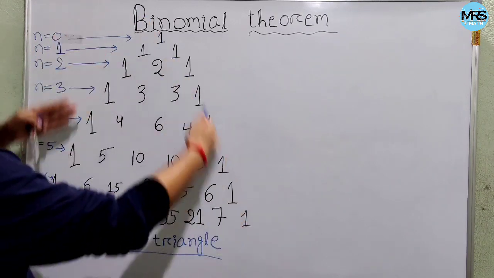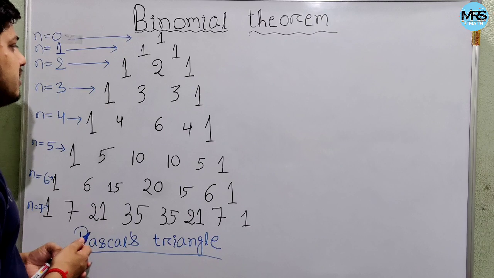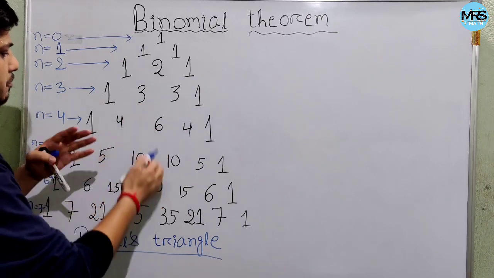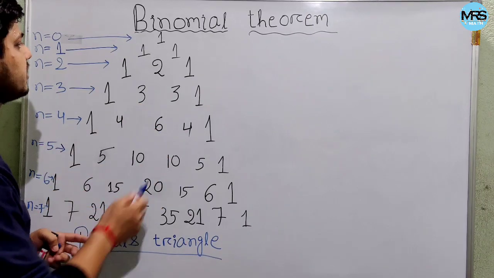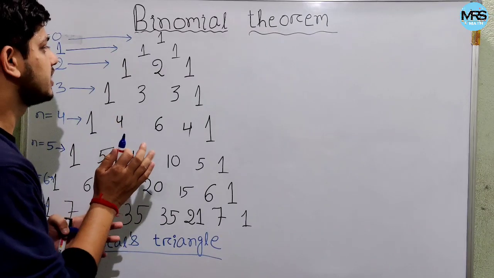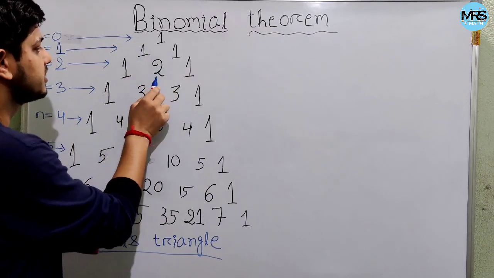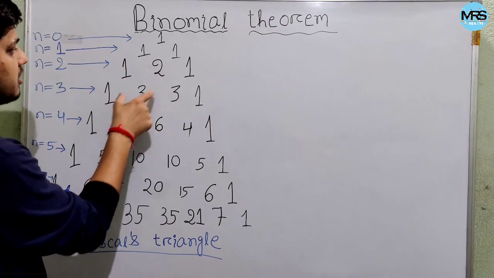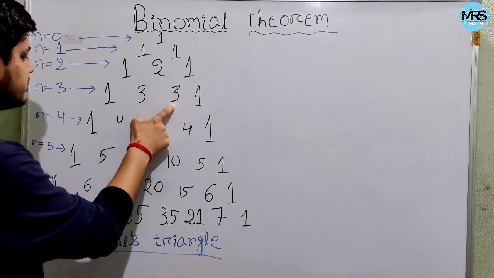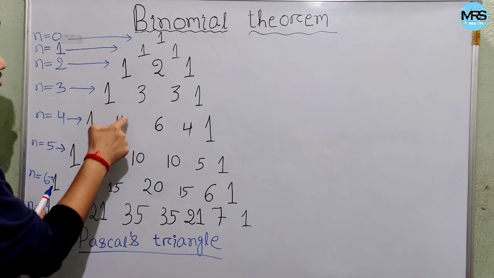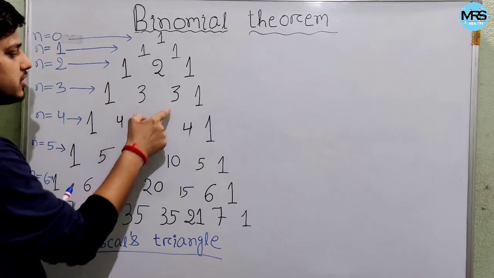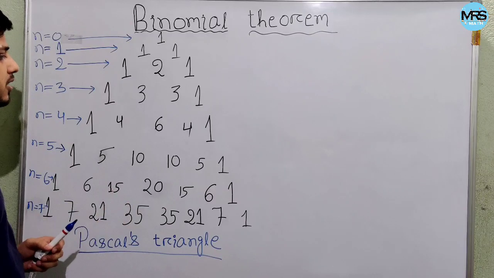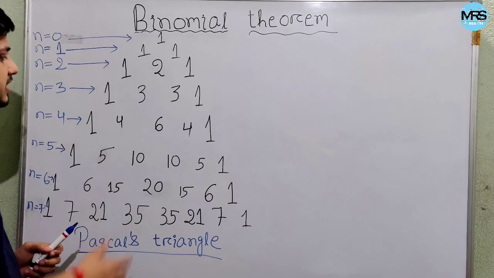The two sides of the triangle are 1, and some numbers are in the middle part. You can see that this term plus this term gives this term; when you add these two terms, you get this term. This way I have prepared this Pascal triangle.